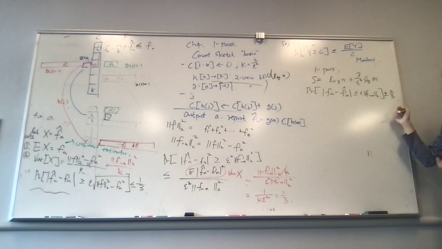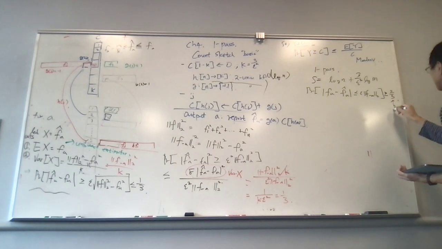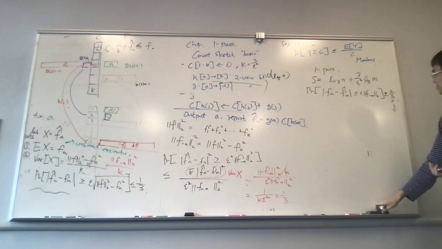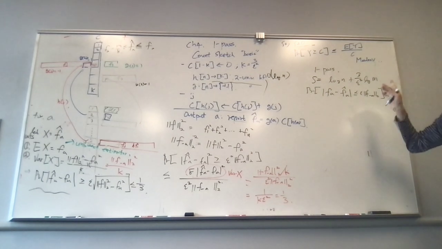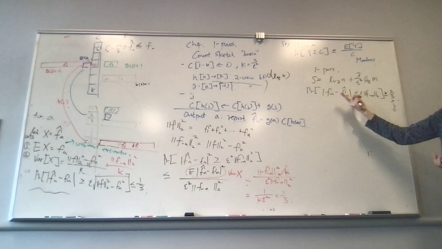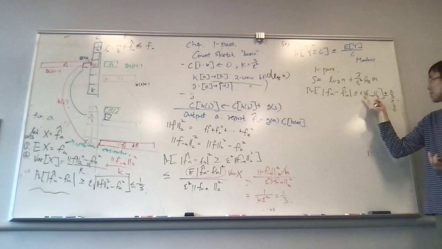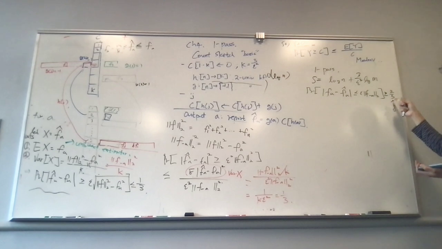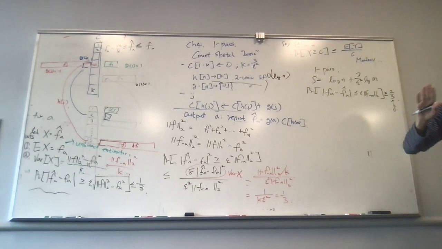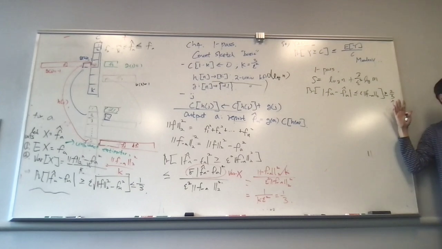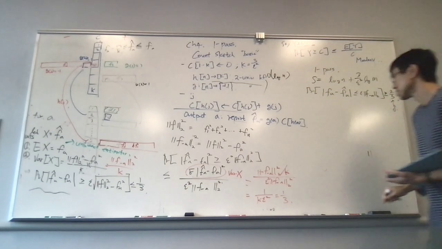This is our success probability, the delta probability. This is an additive guarantee. We found how much it can deviate from the expectation, the true frequency, by this much, and then this is the success probability. We may fail, but with at least 2/3 chance we'll succeed.